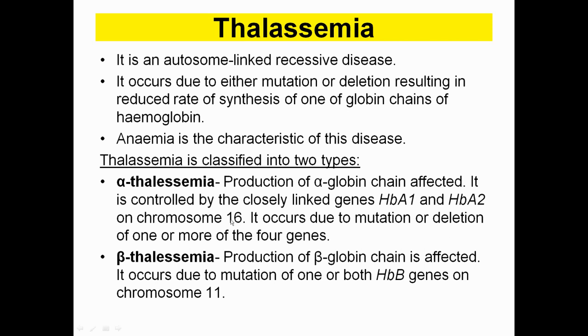It occurs due to mutation or deletion of one of the four genes present on the DNA strand on chromosome 16. Beta thalassemia is when production of the beta globin chain is affected on chromosome 11 due to mutation on one or both of the hemoglobin B genes.